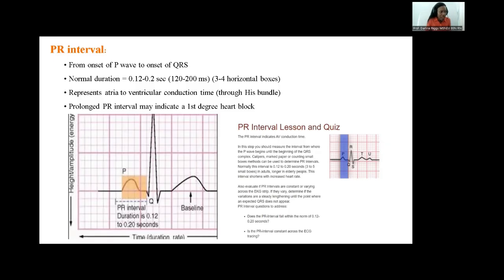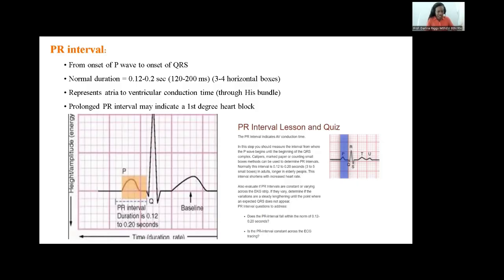Usually when you have a prolonged P to R, like you're looking at your EKG strip and you see it's 6, 7, 8 little boxes, that's usually a first degree block, which we're going to talk about in a moment. Not normal. We want our P to R to be between 3 and 5 little boxes, which is 0.120 to 0.200 seconds.